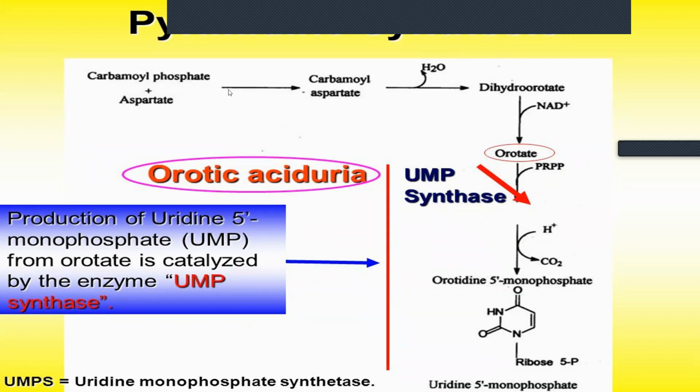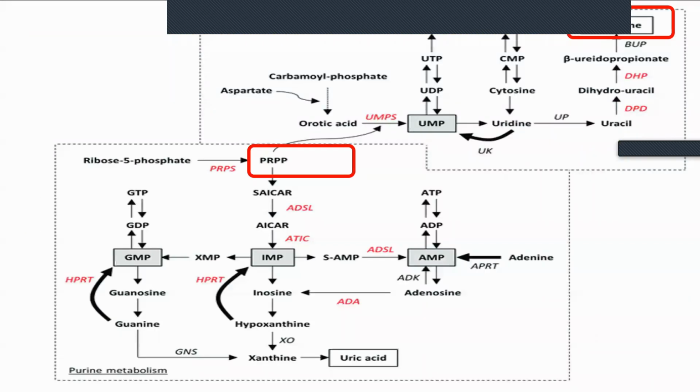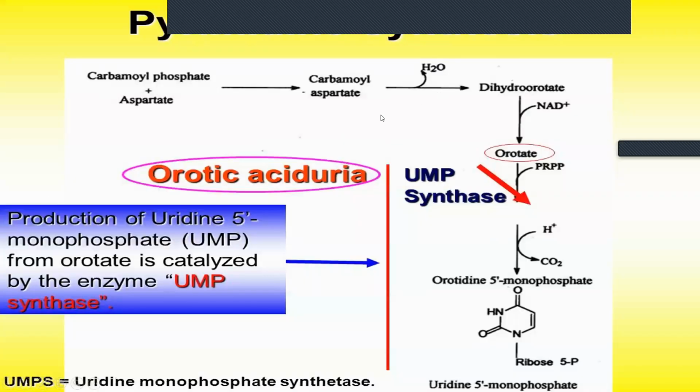So let's start here. Let's not look at the disease first. First, I want you to see that carbamoyl phosphate was the first substance. When aspartate is added to it, you can see in the previous slide also, aspartate is getting added. So carbamoyl phosphate plus aspartate will make orotic acid. Before orotic acid there are a few steps, like carbamoyl aspartate and then dihydroorotate.